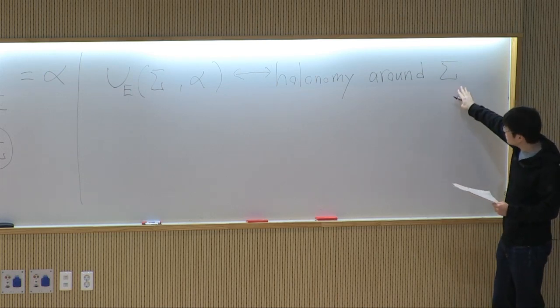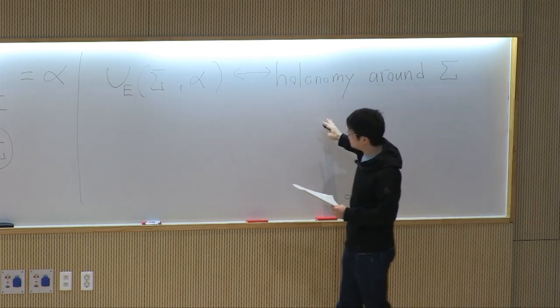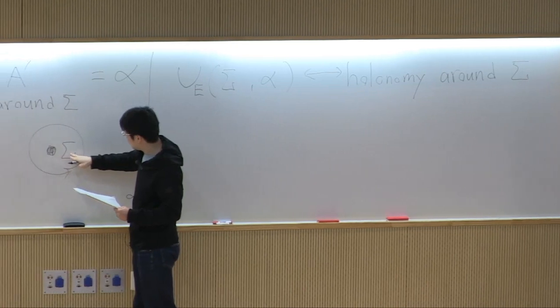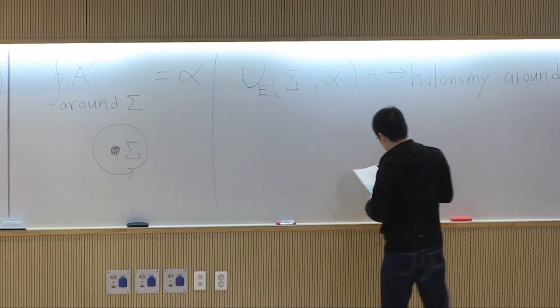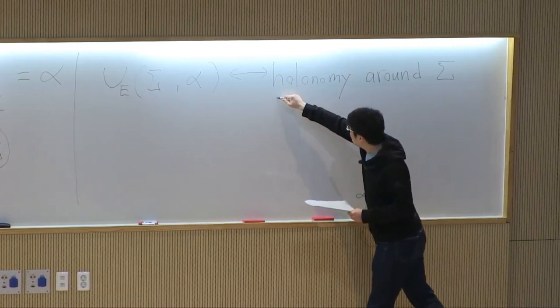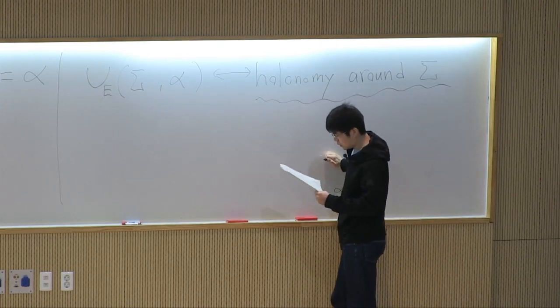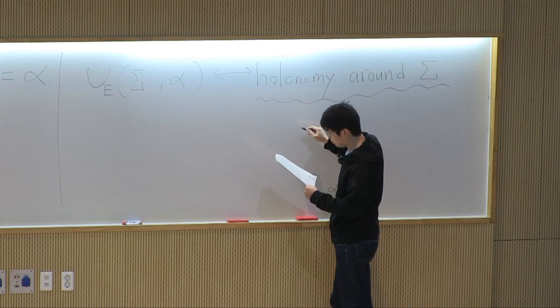And originally such an operator, defined as a singularity around sigma by this holonomy, was discussed by Gukov-Witten. So this holonomy around sigma is discussed by Gukov-Witten, and this is called the Gukov-Witten operator.